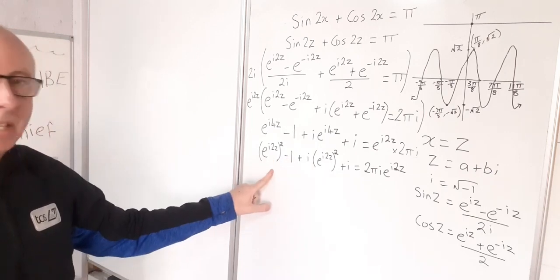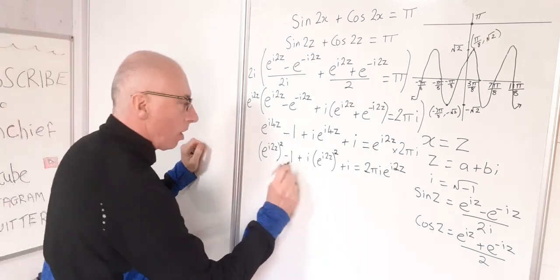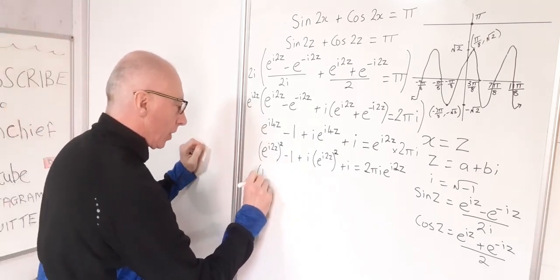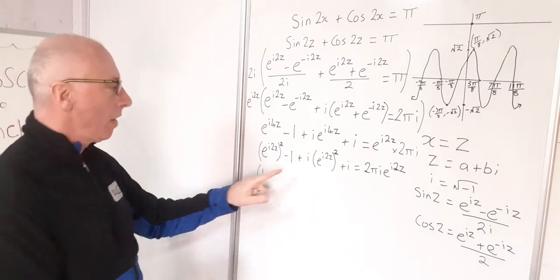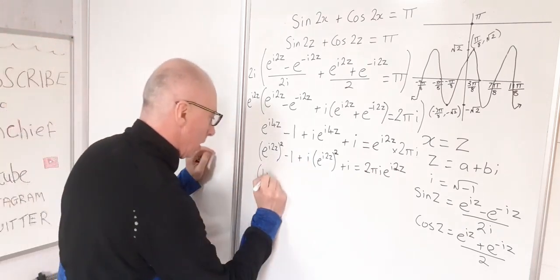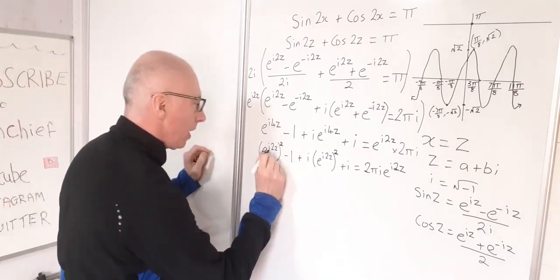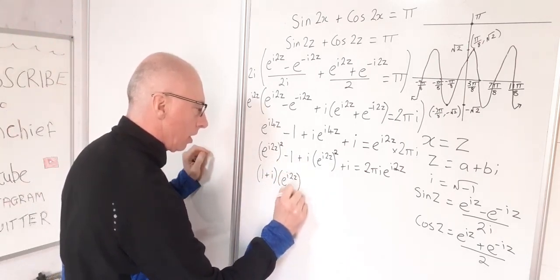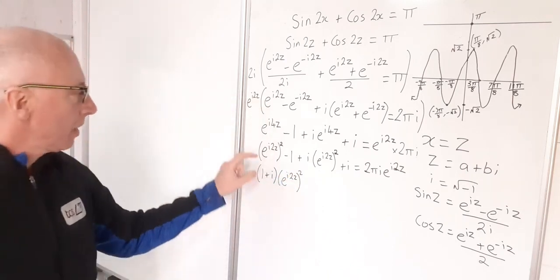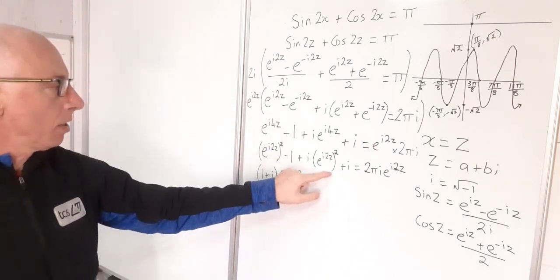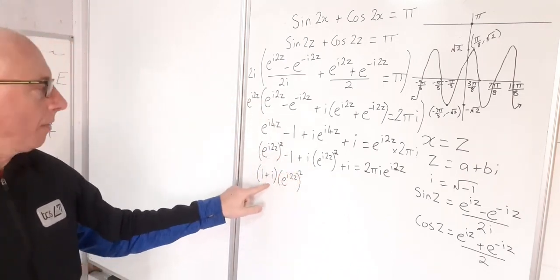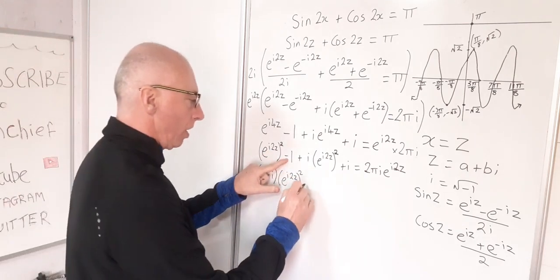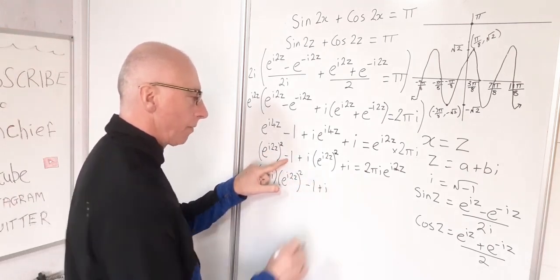So I'm going to rewrite this as 1, that to multiply that one, and then add i, and then e to the i 2z squared. So that's that term there and that term there taken care of here, and then minus 1 plus i.